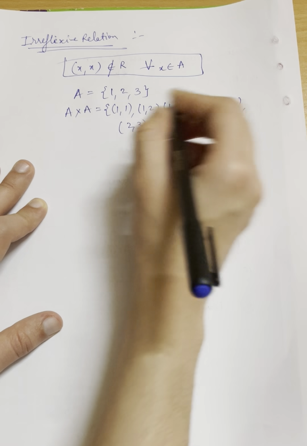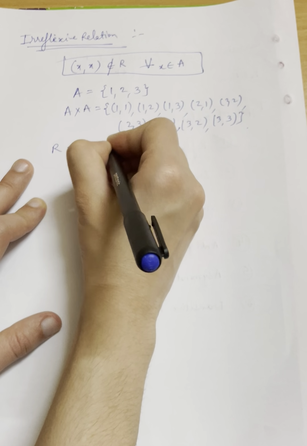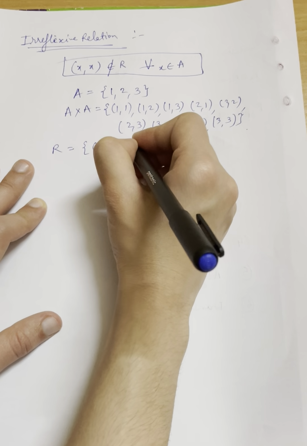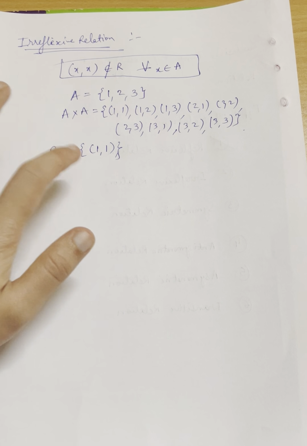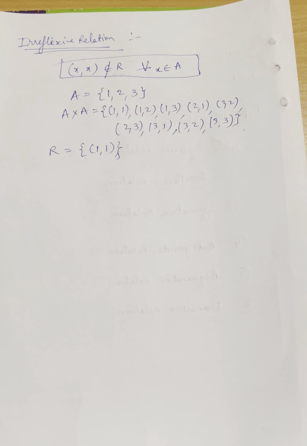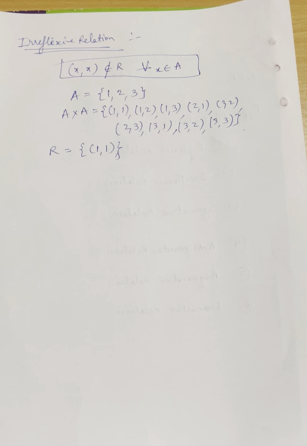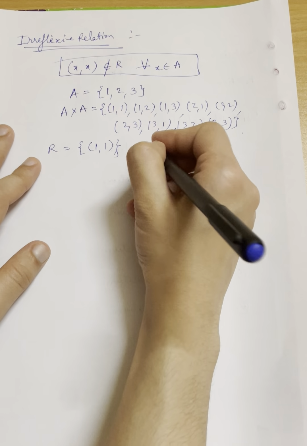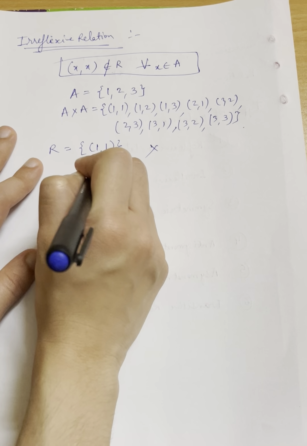Now if I say, is this an irreflexive relation? Because we know this is not a reflexive relation. So is it an irreflexive relation? Someone says yes, someone says no, but the answer is no. Why no? This is not an irreflexive relation.